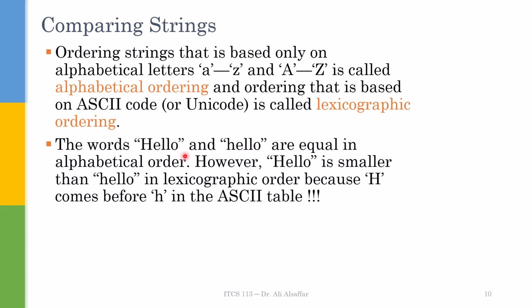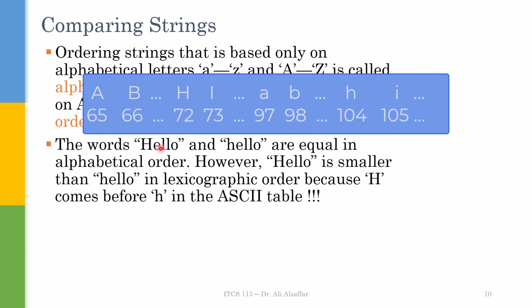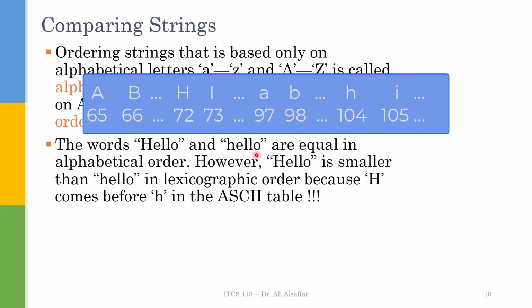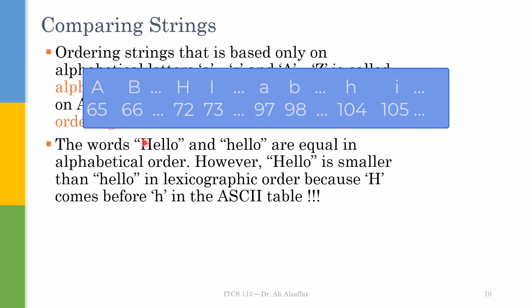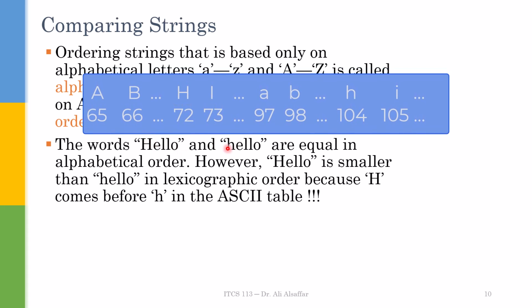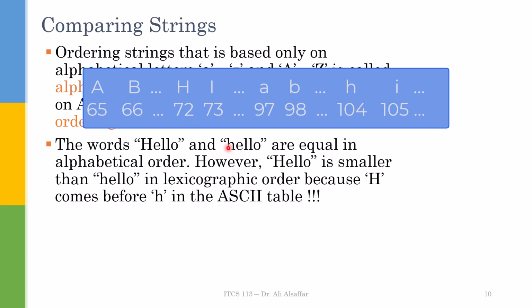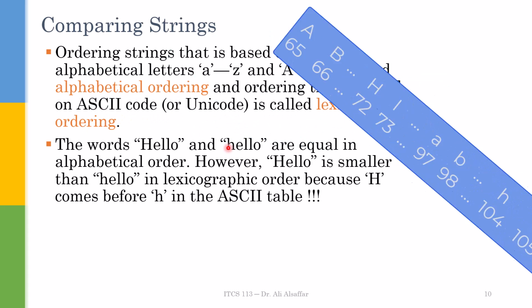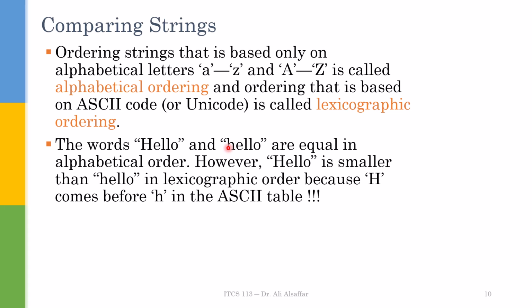If we look at the table for the ASCII code, we will notice that all uppercase codes are smaller than lowercase letters. So the ASCII code of H capital letter is smaller than H small letter. We need to change our thinking of capital letters as large and small letters as small.